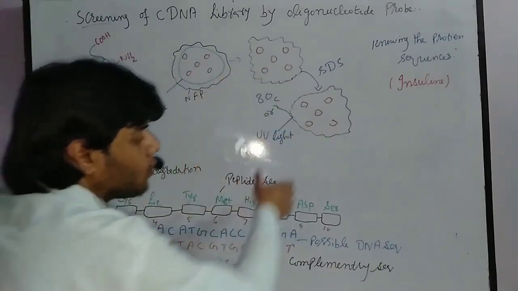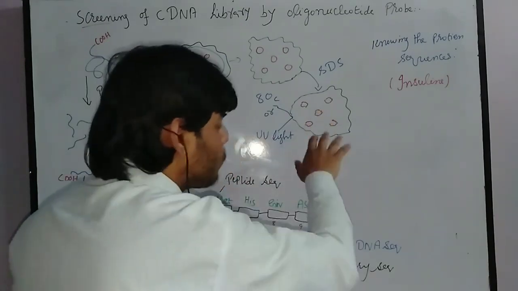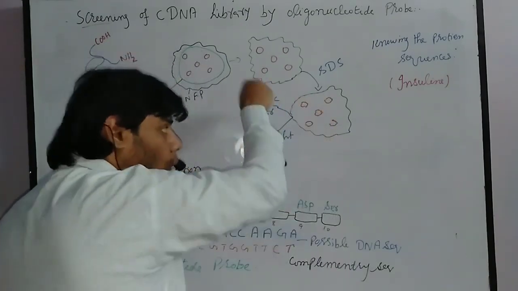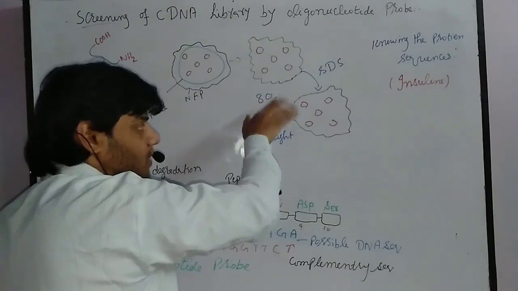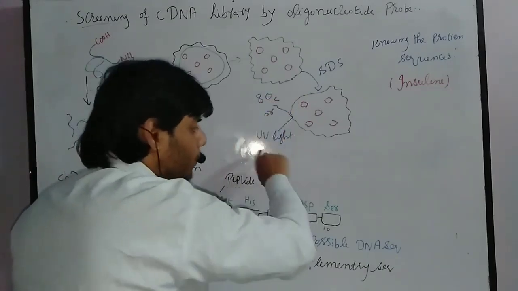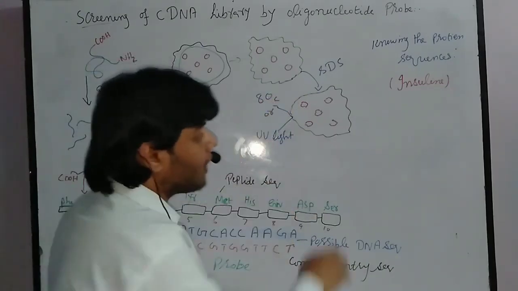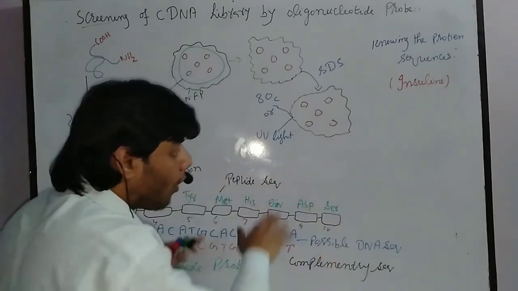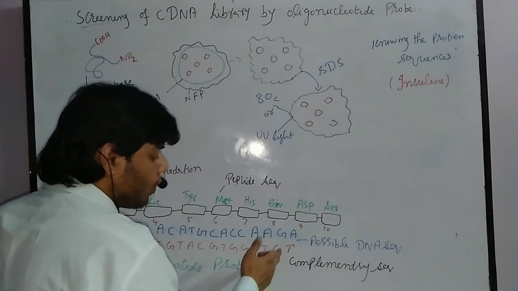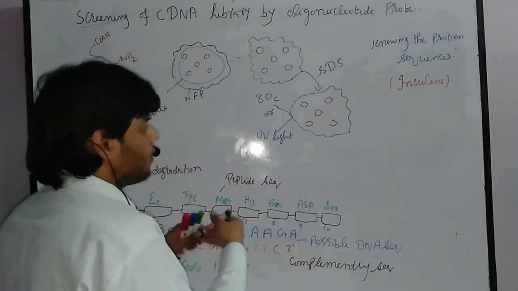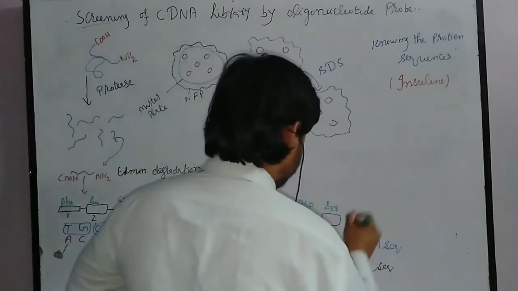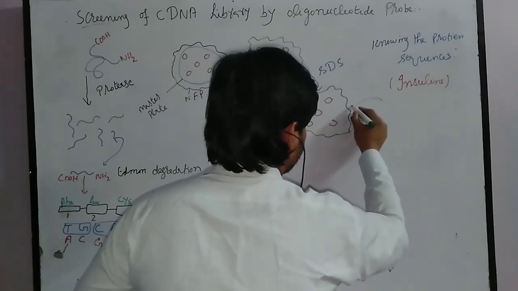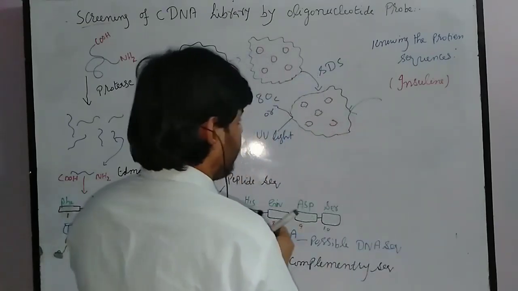Now after that, we take out this filter paper from the solid surface at 80 centigrade or from the UV light. On this filter paper we should add the probes. So probes should be added.